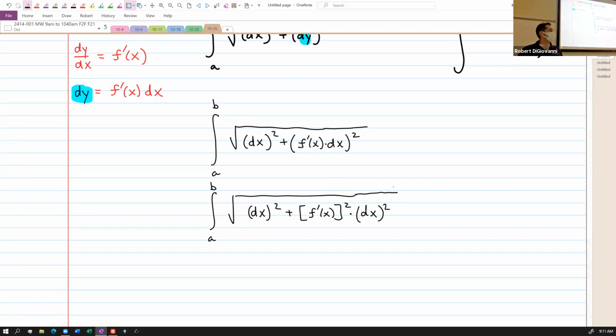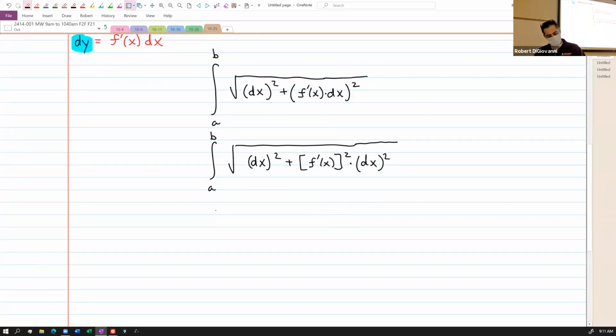Now, do you see what they both have? They both have a dx squared, right? So I can factor that out. It's still underneath the root, but it's factored out. And when I factor that dx squared out, I get dx squared, then in parentheses, what happens when I factor out dx squared there?